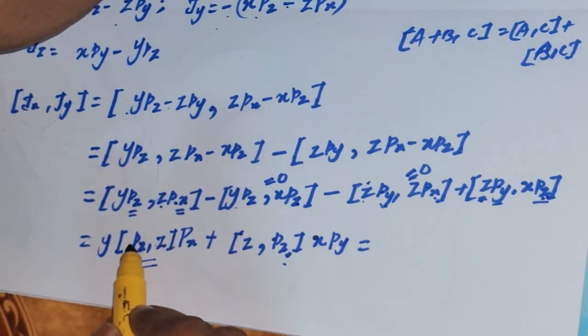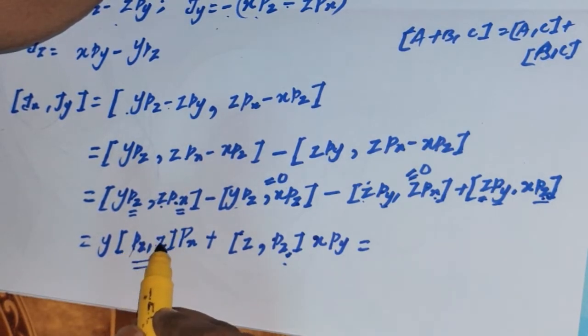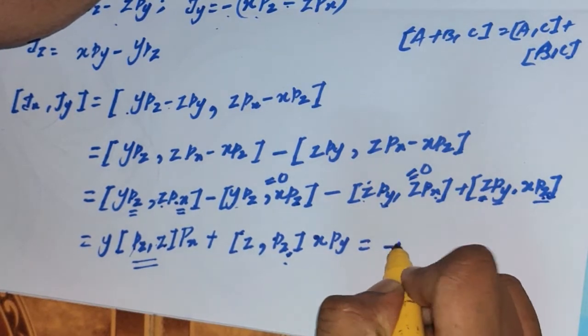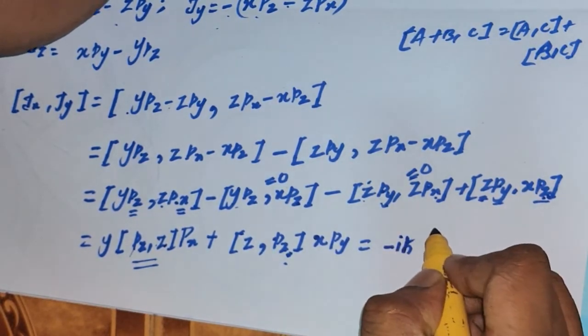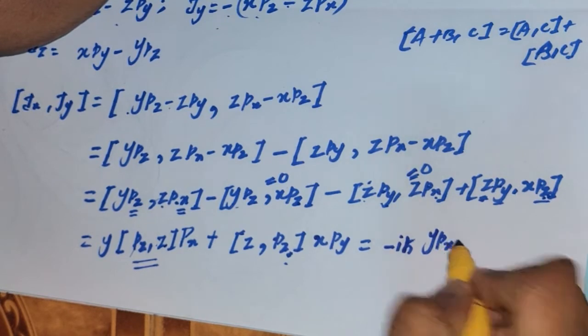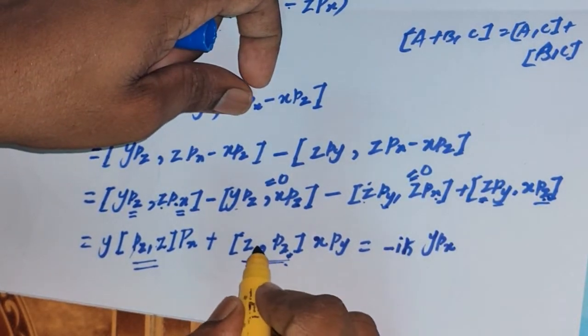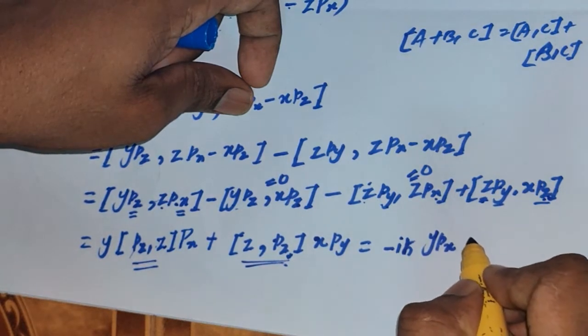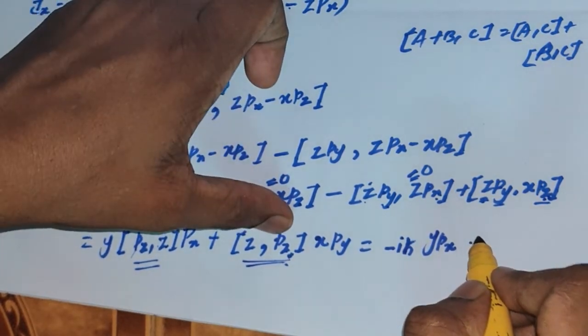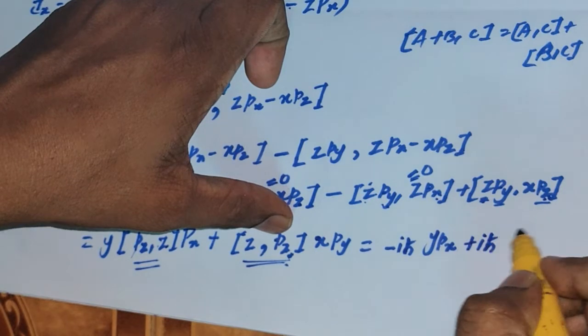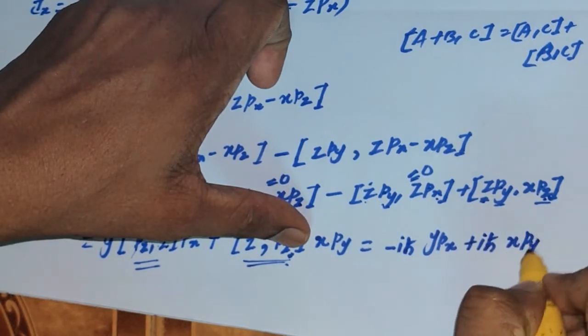If the linear momentum is first and the coordinate next, then it is minus i h-bar. So minus i h-bar y px. For this commutation, the coordinate is first and the linear momentum next, so plus i h-bar, then outside is x py.